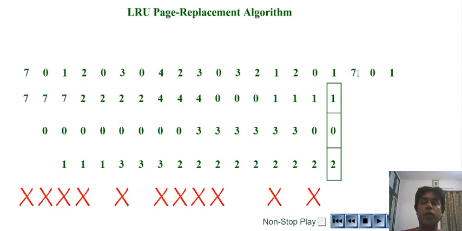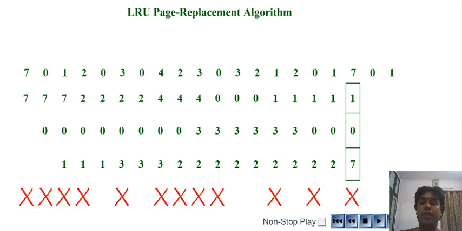Now for swapping in 7, I need to swap out either 1, 0, or 2. From these 3, the one which is least recently used is page 2. So I'm going to swap out 2 from my main memory, and swap in page number 7 into my main memory.